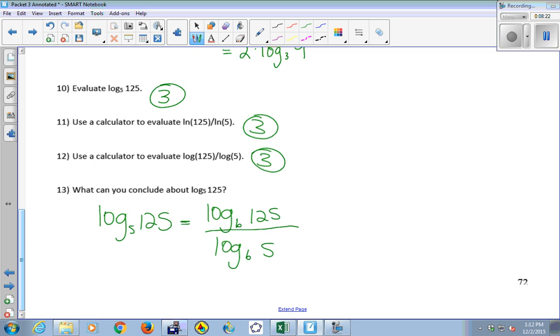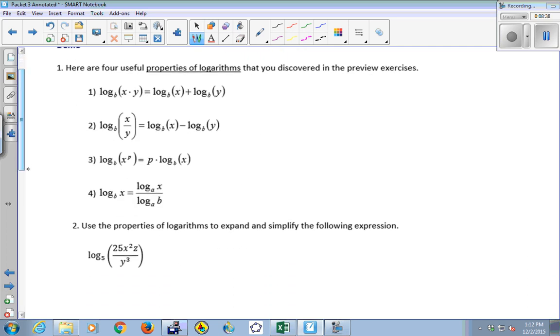So logarithms have all kinds of interesting arithmetic properties that we are going to explore a little bit further. These are the 4 properties, listed out with symbols, not just numbers. If you want to take the log of a product, you can take the sum of the 2 logs.